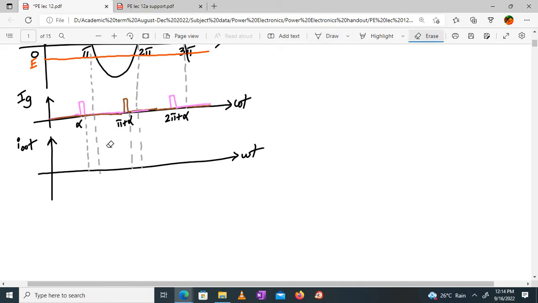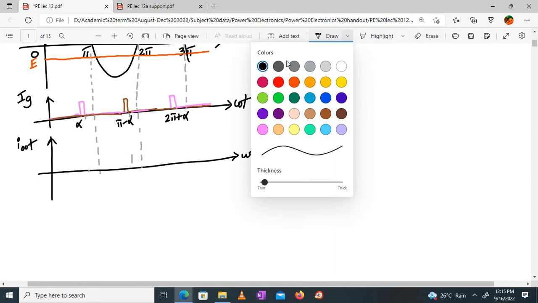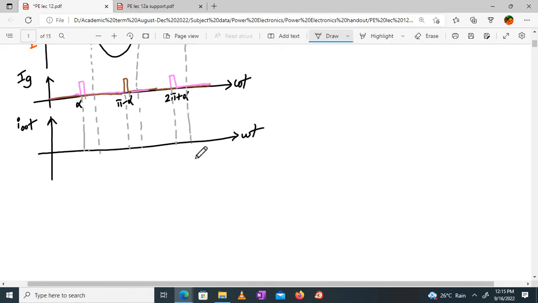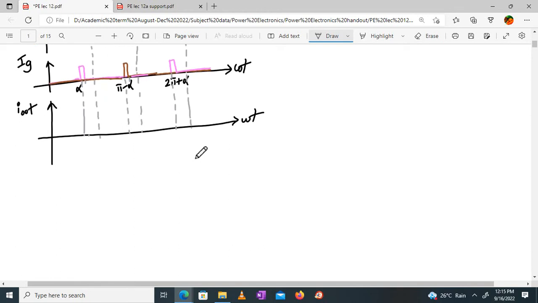Okay, better to have a scale over here. So how will my output current look like?